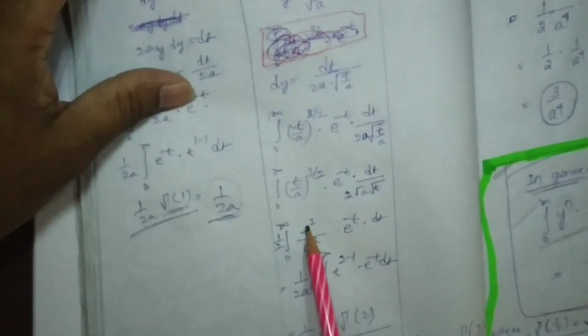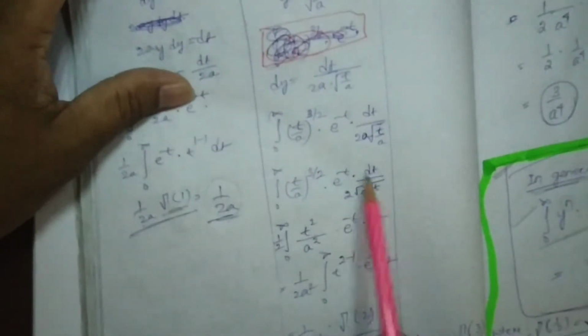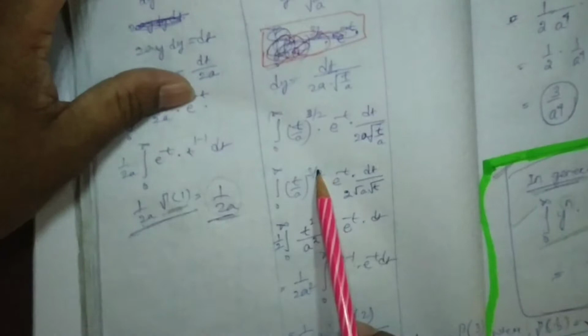Here you can see that t to the power 1 by 2 will be moved to the numerator, then it will be t to the power minus 1 by 2, right?